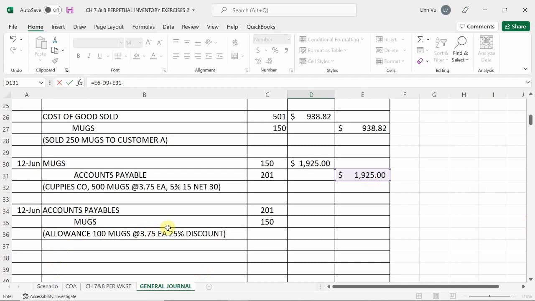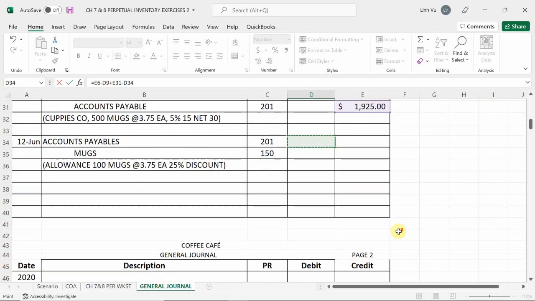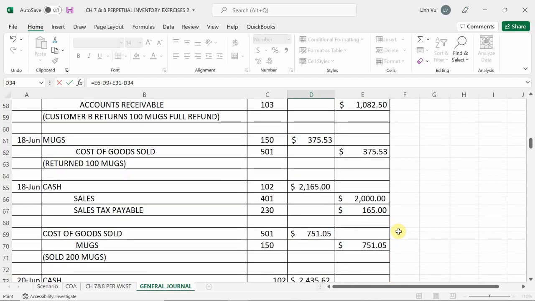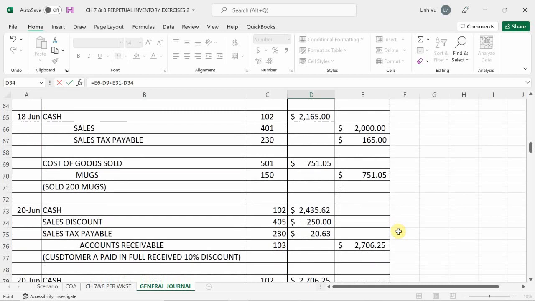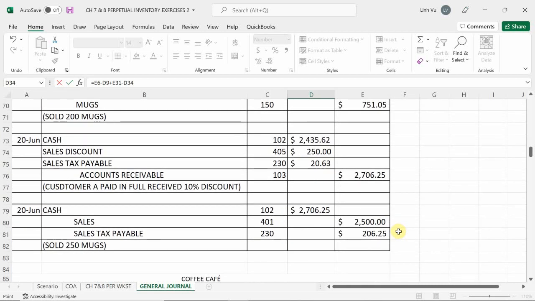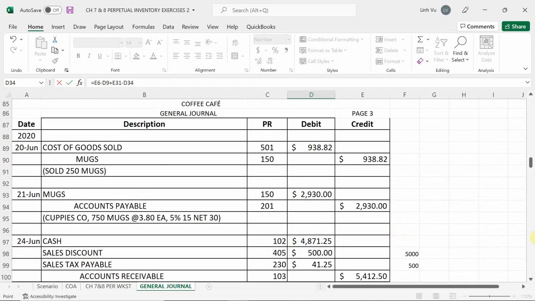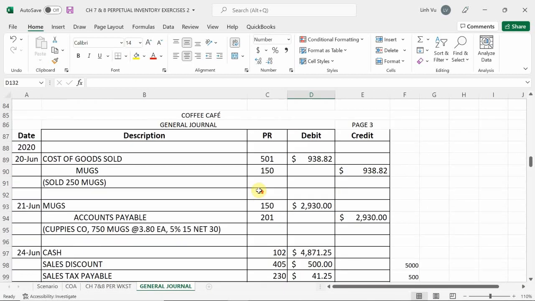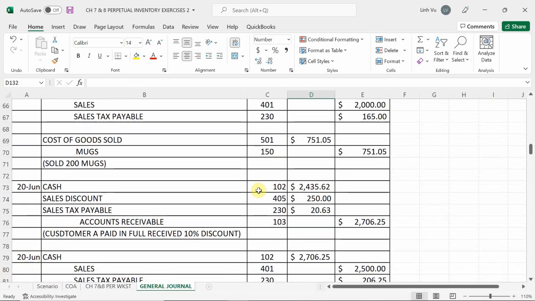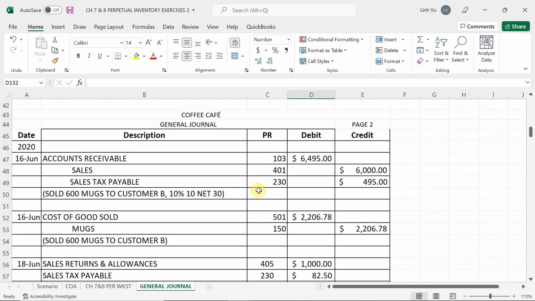Oh, we didn't even record it. We end up getting the discount allowance for the 25%, which was 93 something, right? And then we also made a purchase of our inventory on the 21st, right? There we go. So we owe an additional $2,930. So let me go back and add that allowance.